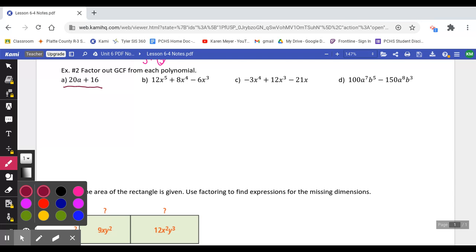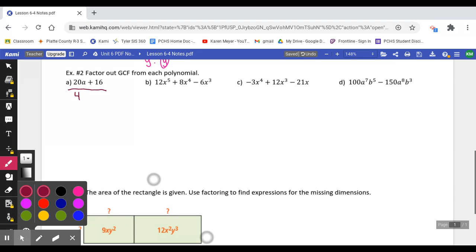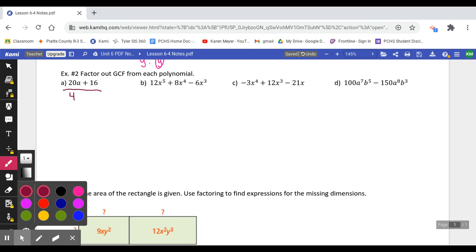Well, hopefully everybody says, oh, 4. 4 goes into both of them. Does each one have an a? No. So we can't say that they have any a's in common. So my GCF is just a 4.